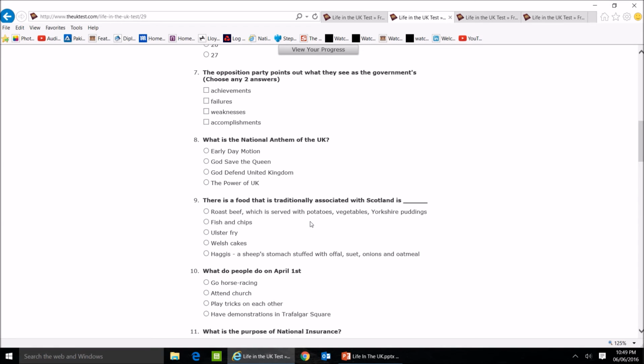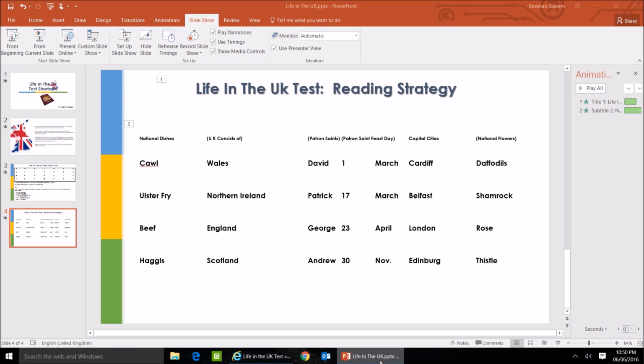Okay, I'm going to go to other questions now, which I already have opened. About the food: there is a food that is traditionally associated with Scotland. Again, go to the same thing, Vanessa, which is W and E S. So we know S is coming last, which is the fourth letter. If it's the fourth letter, the food one we did was this one, national dishes here.